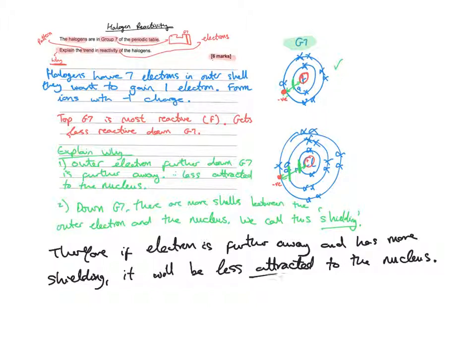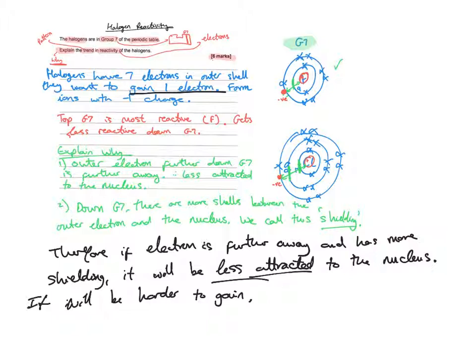If it's less attracted to the nucleus, it will be harder to gain. And remember, what they're all trying to do, they all want to gain one electron. So if it's hard to gain it, it's not going to react very well.